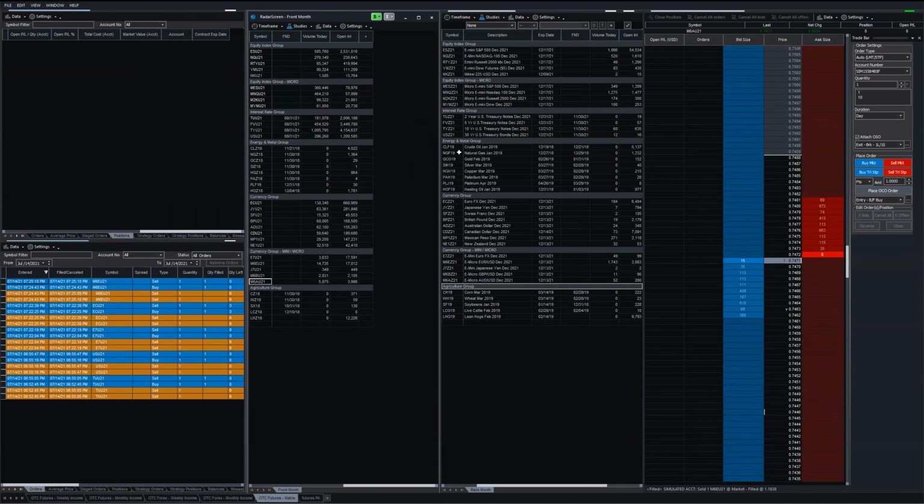So crude oil, ladies and gentlemen, crude oil, I want to show you now on bar charts.